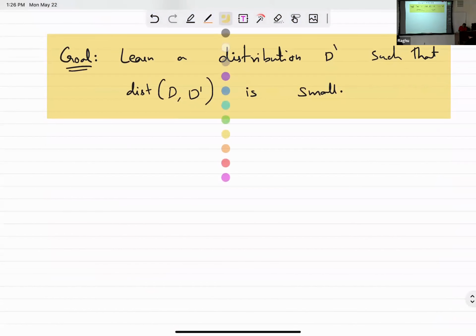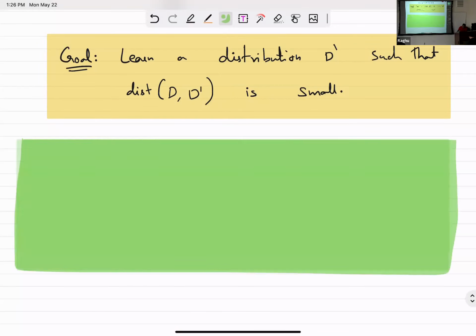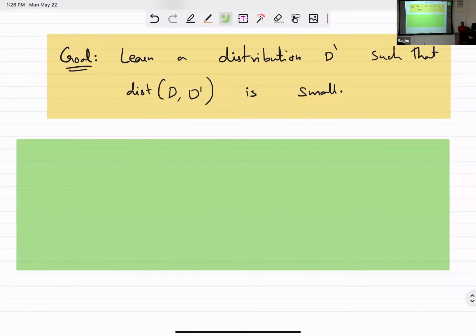And the notion of distance, so you must know, maybe you've seen some notions of distance for comparing distributions. Do you know any? If you're talking about vectors, you can talk about L2 distance, L1 distance, but for distributions, those things are not as good. KL divergence.